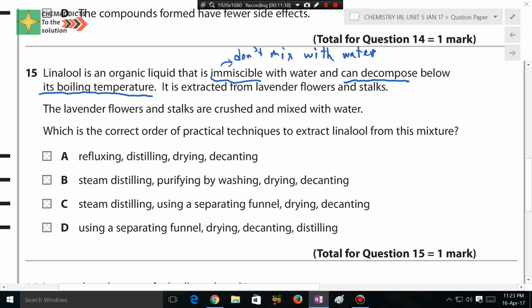So first of all, linalool is immiscible with water, and second, it decomposes below its boiling temperature. For this condition, we carry out steam distillation. We carry out steam distillation for those which are immiscible with water and can decompose below their boiling temperature.